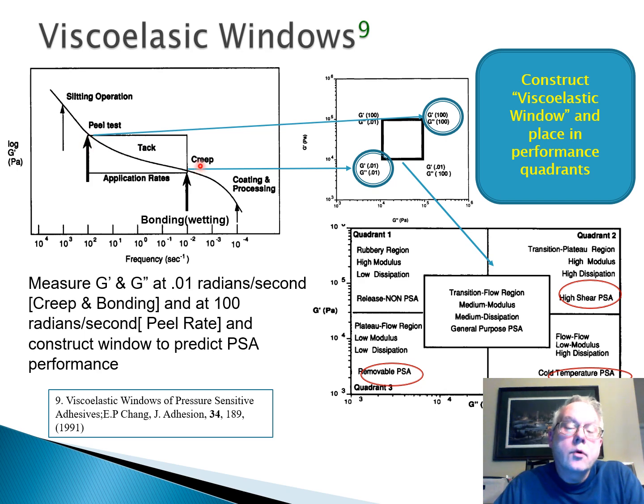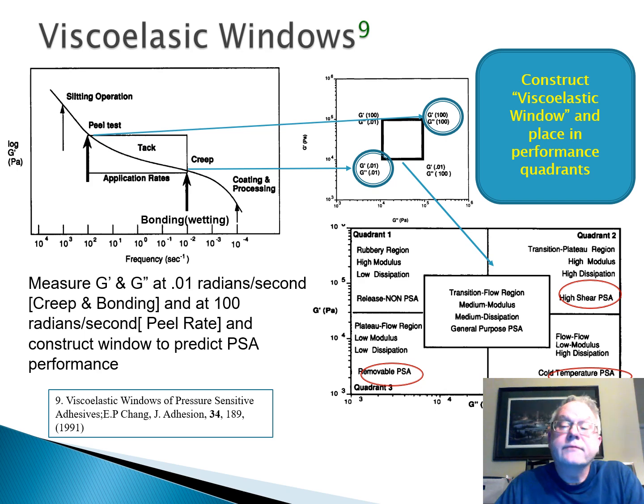The creep or shear frequency is at 0.01 radians per second, and the peel test is at 100 radians per second. So by measuring the storage and loss modulus at those two frequencies, you can create the viscoelastic window.